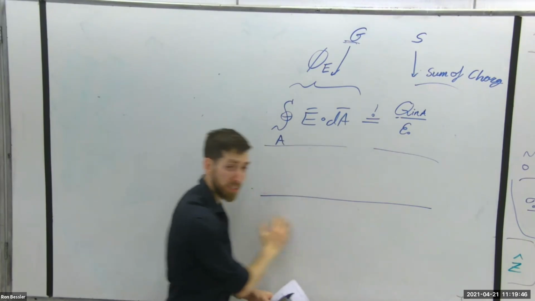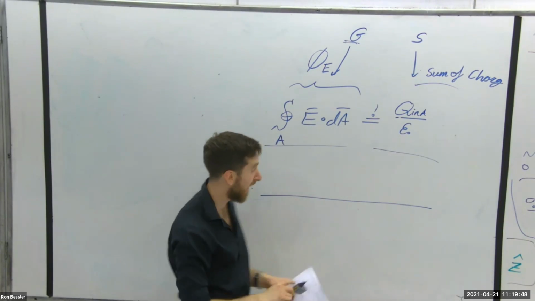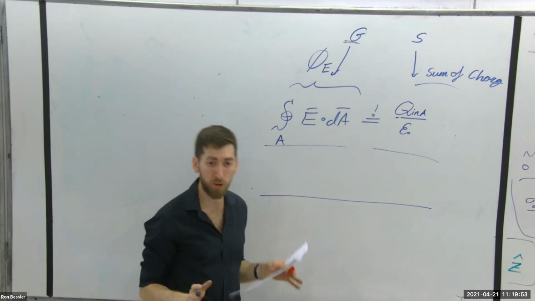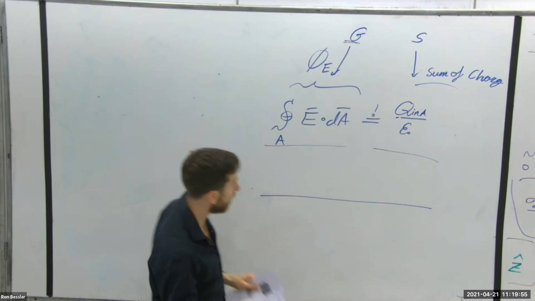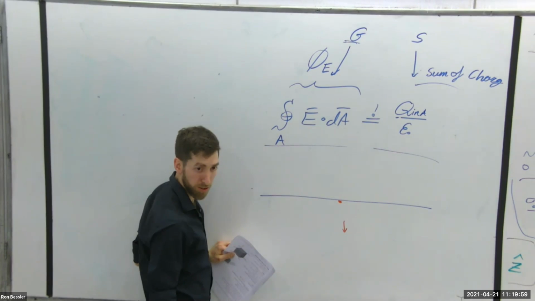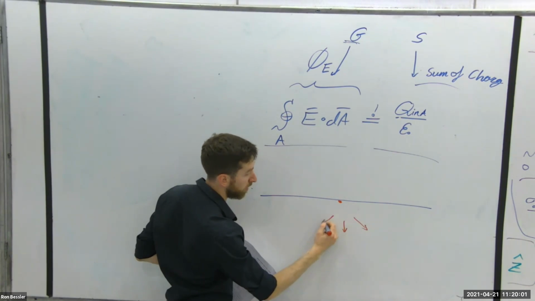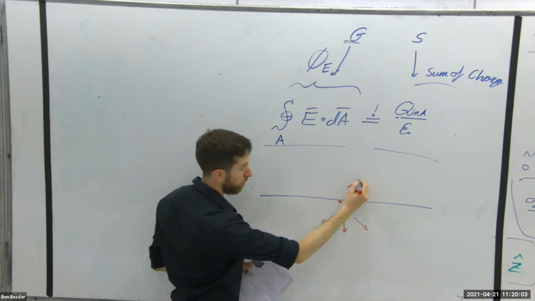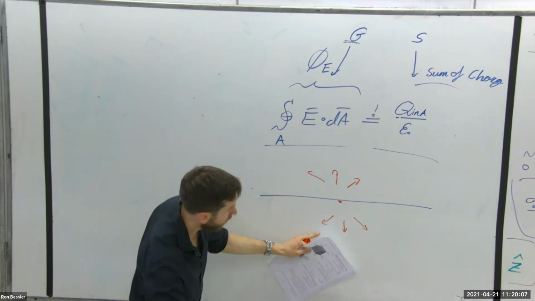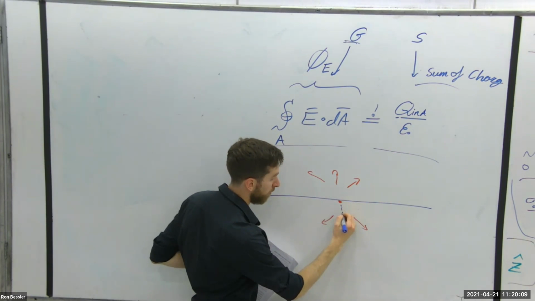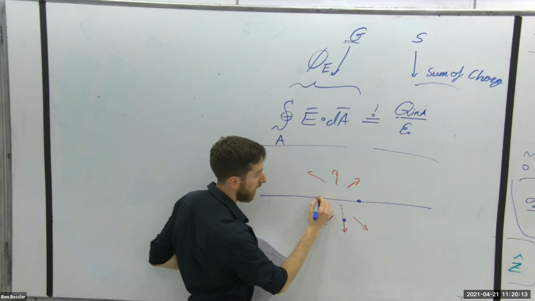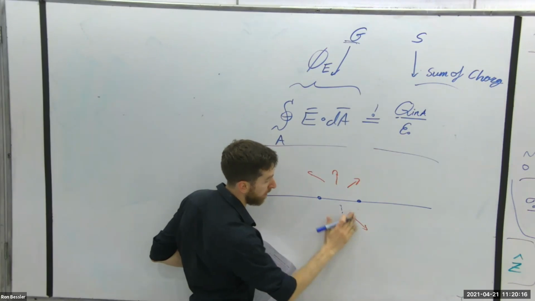So the first step in Gauss is to understand what is in general the direction of the electric field. We know that this point is going to produce an electric field in this direction, right? And also in this direction, each charge is going to do this. But we know from symmetry that if I have here a point and here a point, so what's going to happen?